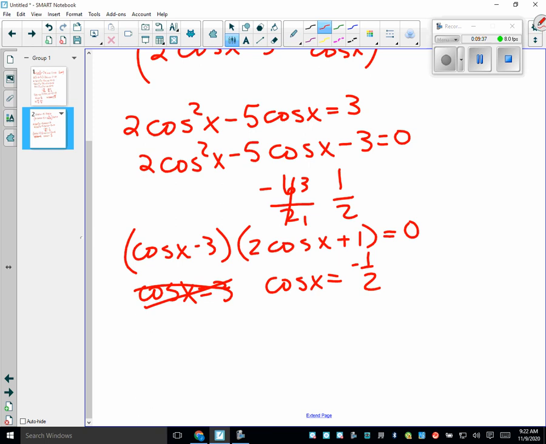Now, cosine x is negative 1/2. We know that's in 2 or 3. This is negative 1. This is 2. What is my angle? 5 pi over 3. Or wait, I mean, 2 pi over 3. 2 pi over 3? Yeah. Or 5.